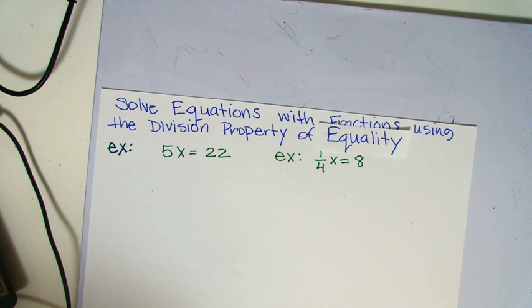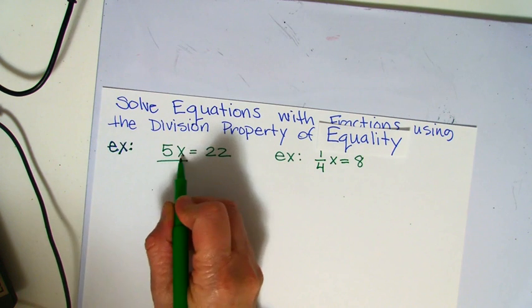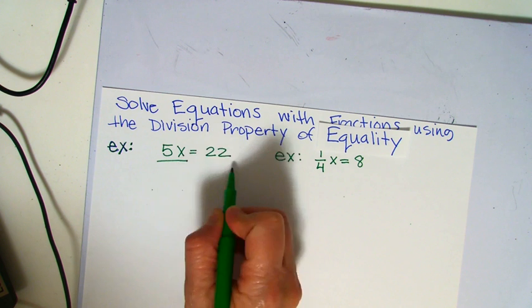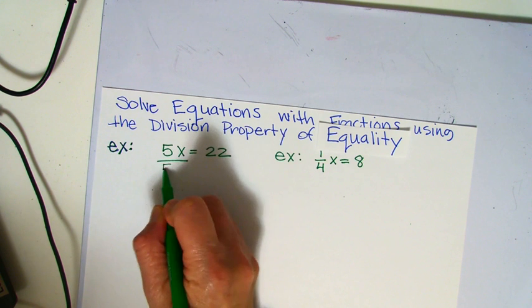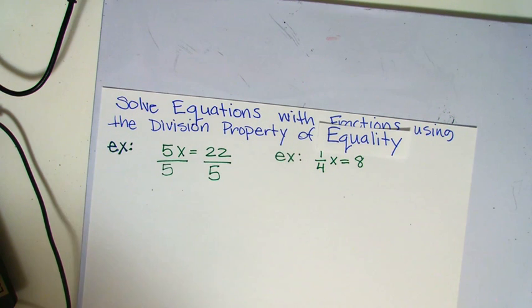We do that by doing the inverse operation, which is going to be division. We're going to divide the number that's multiplied to the variable on both sides. So we're going to divide by 5 and divide by 5 on the other side as well.